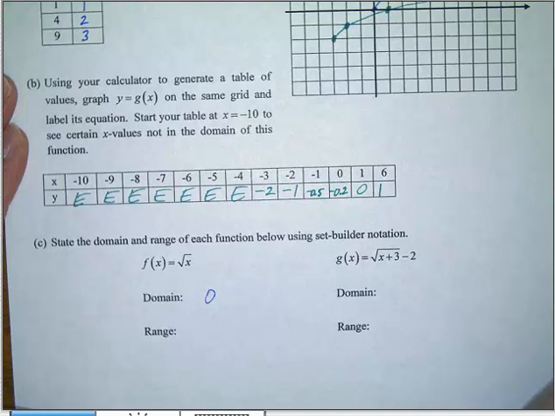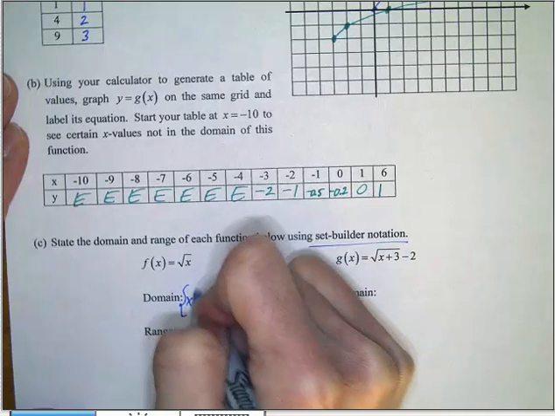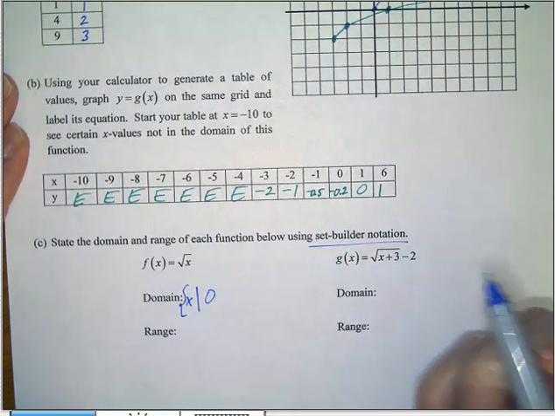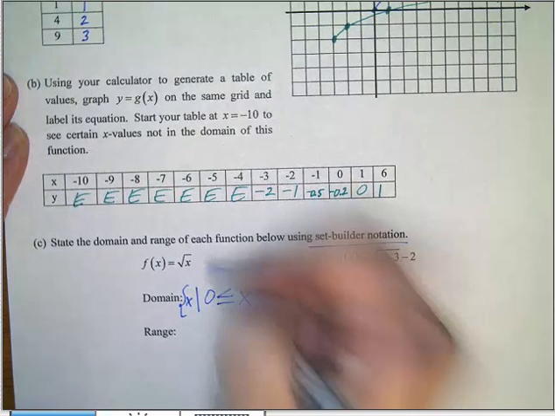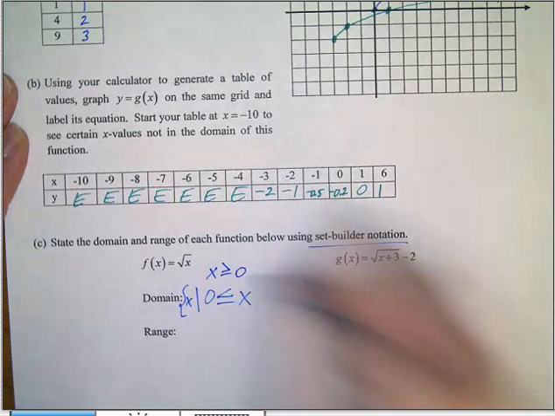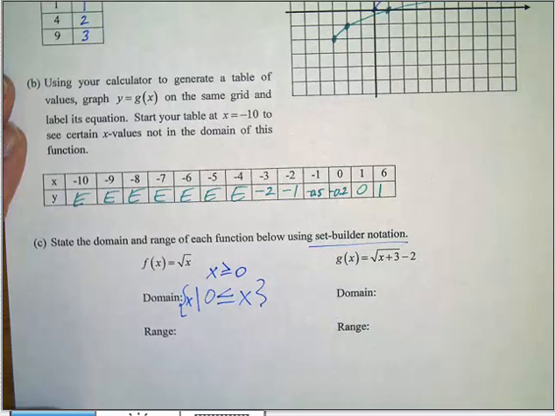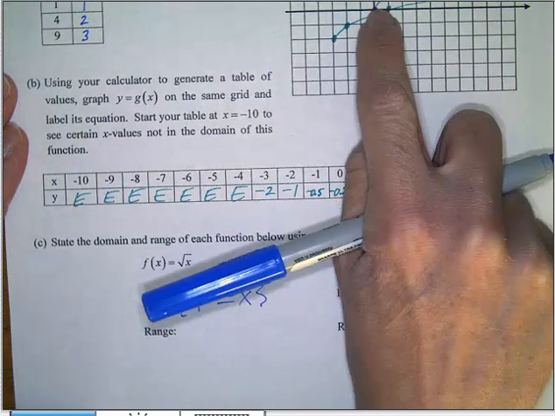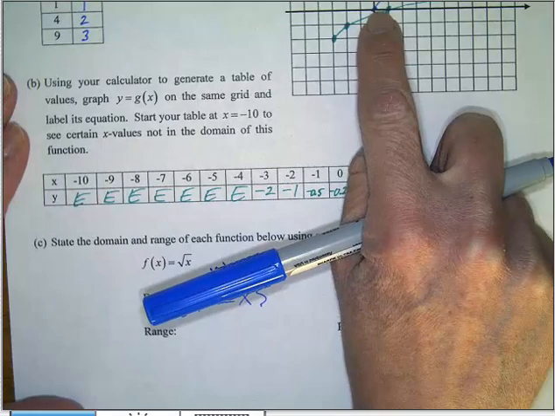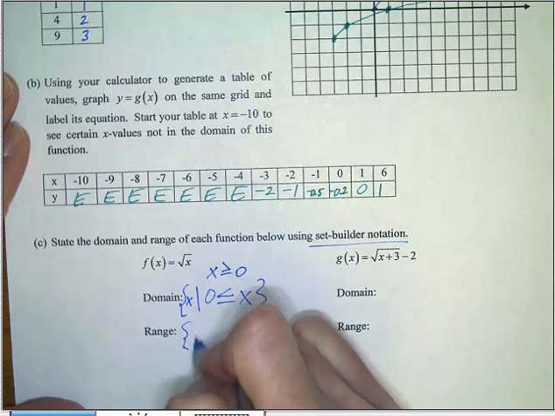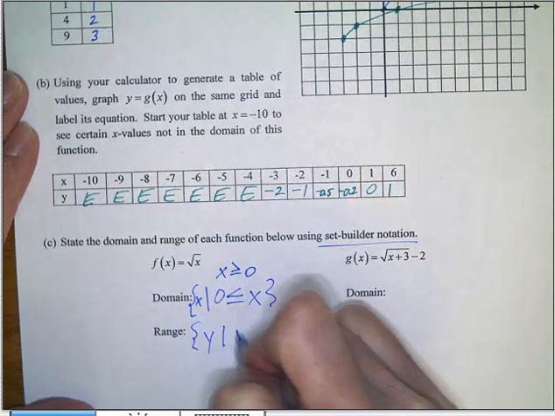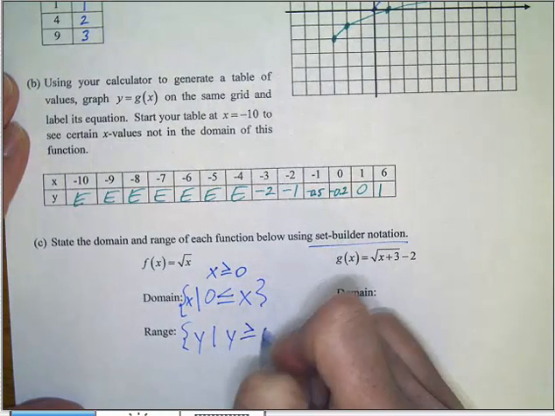But this says set builder notation, so we're going to say x such that 0 is less than or equal to x. We could have also said x is greater than or equal to 0, and that's our set builder notation. Our range is bottom to top. So the bottom of this graph, the lowest point in the graph is 0, and the top is positive infinity. So we're going to say y such that y is greater than or equal to 0.